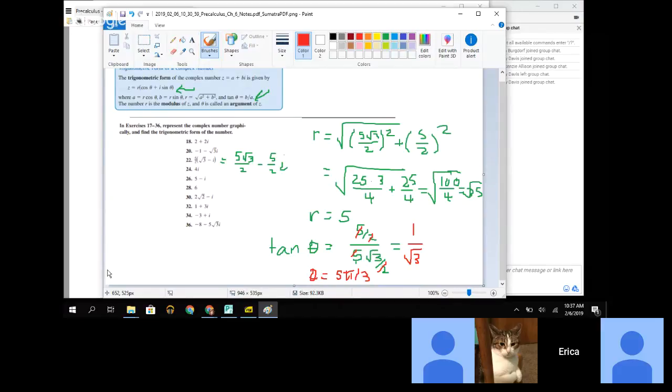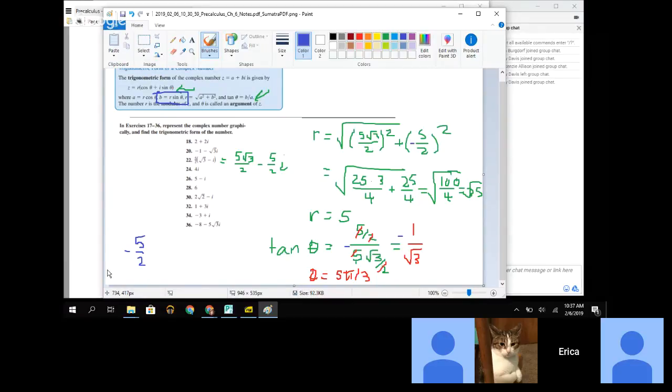I'm actually curious, because I just did it that way, if we would use the sine, if that might actually work better. What I mean by that is if you take the complex number, the b, which is negative 5 over 2, right? This should have been a negative in here this whole way. That was my problem.